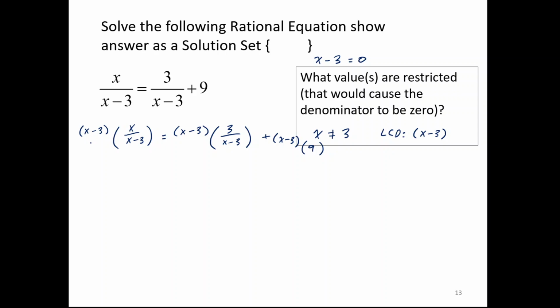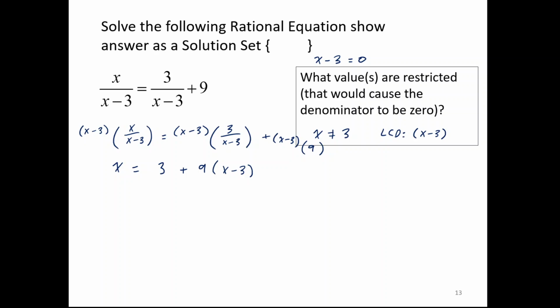The factor of x minus 3 is going to cancel in the first expression, so that we have x on the left-hand side. And the first term on the right-hand side, x minus 3, also reduces, so we're left with 3. Plus, in our last expression, that will be 9 times (x minus 3). So x equals 3 plus 9 times (x minus 3).